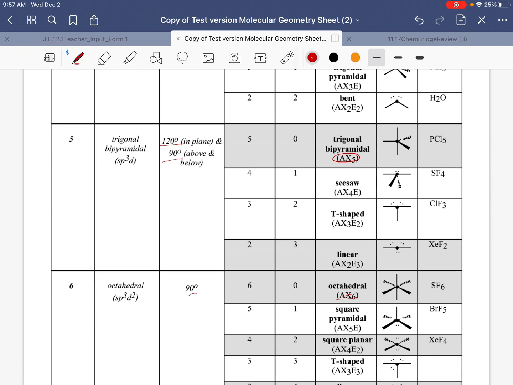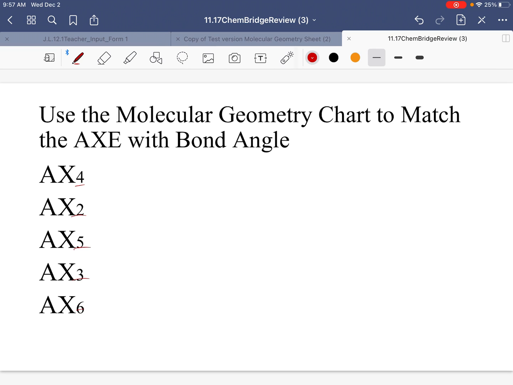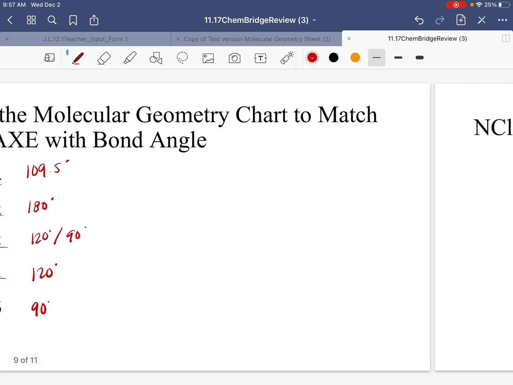And lastly, your octahedrals are 90 degrees. This one is pretty simple. So we know it's 109.5 degrees, 180 degrees, 120 degrees and 90 degrees. Again, it's just knowing how to use that molecular geometry chart. If you have any trouble using it, please let me know so I can help you understand how to use that chart.